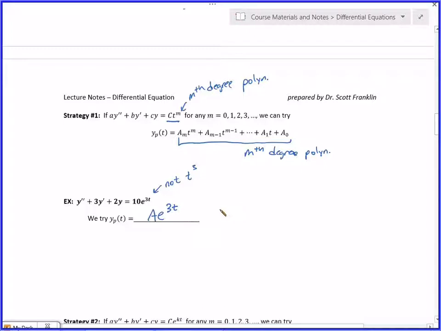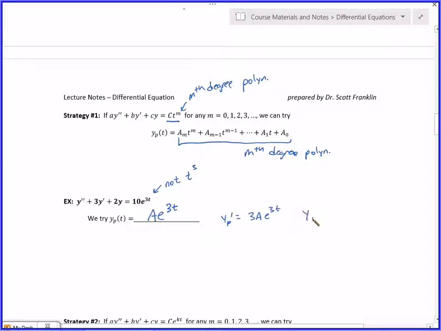Do you want to add a constant so that it's solvable? Well, let's see. On the left-hand side, I'm just taking first and second derivatives of the original function. On the right-hand side, there's no constant term, and there's no constant term that's going to show up over here, right? Because when I take yp prime, I get 3a e to the 3t.